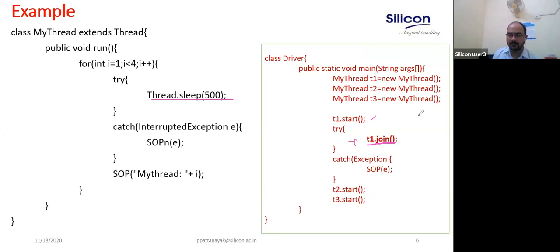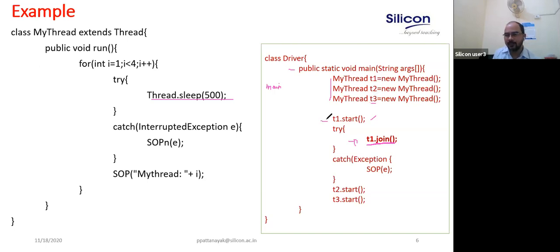From this instruction we have a thread, the main thread. Then here we have created 3 thread objects, T1, T2, T3.